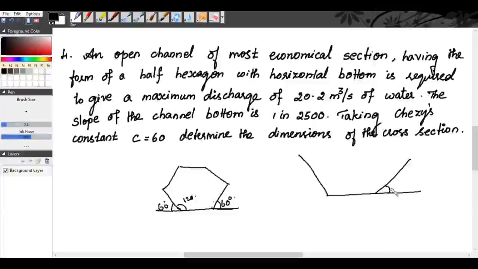So this angle is 60 degree, and if this angle is 60 degree, this is 90 degree, that means this angle is 30 degree.